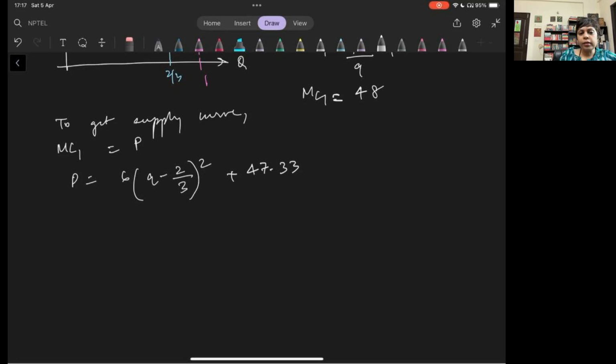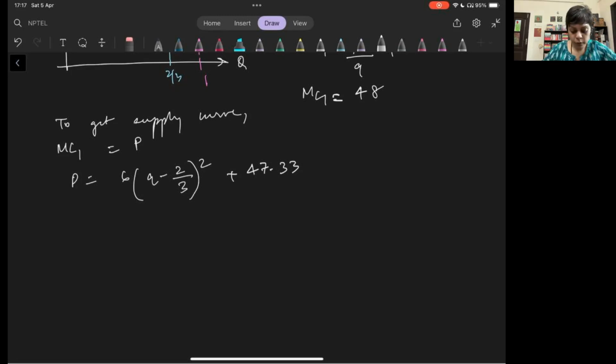Now we rearrange the terms to express Q in terms of P instead of P in terms of Q. This expression is also a supply curve, but it is an inverse supply curve because we are writing price as a function of quantity. What we are asked is the supply curve, which is quantity as a function of price.